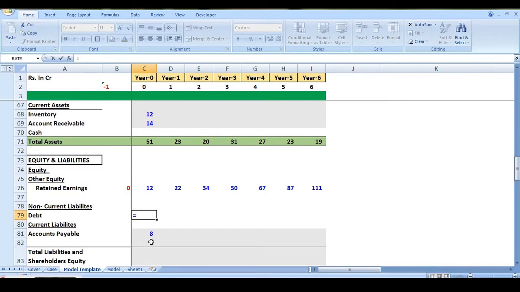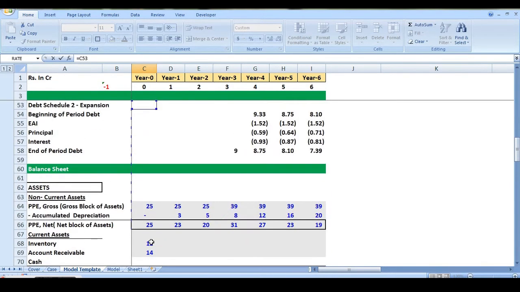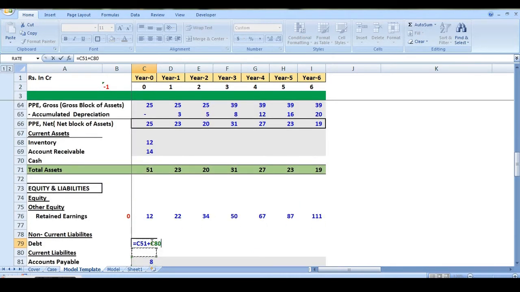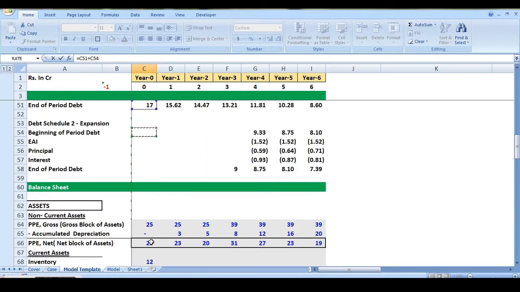The sum of both the loans we will take into the debt on the balance sheet side. So we will simply take the total of the general loan taken plus the loan taken for expansion. For year 0, 1 and 2, there are no end of period debt values for expansion.